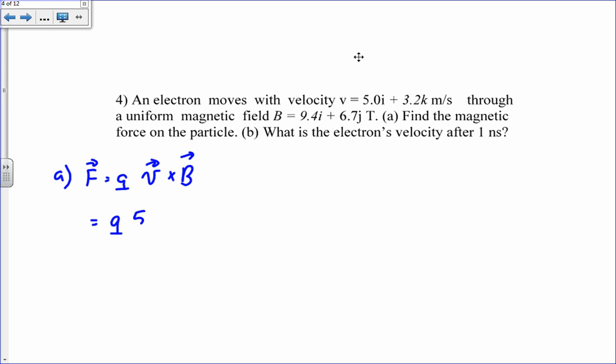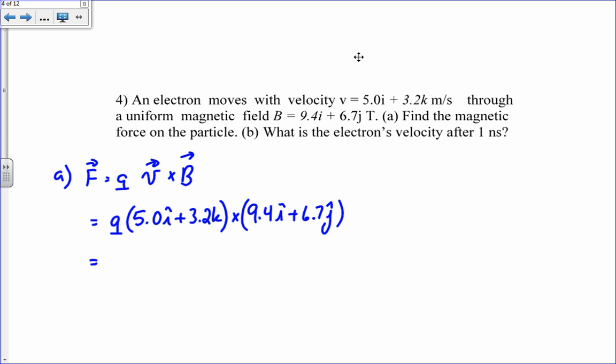V is 5i plus 3.2k, crossed with my magnetic field 9.4i plus 6.7j. Making sure to get V and B in the right order, because B cross V is not the same as V cross B. It's actually the negative of it.